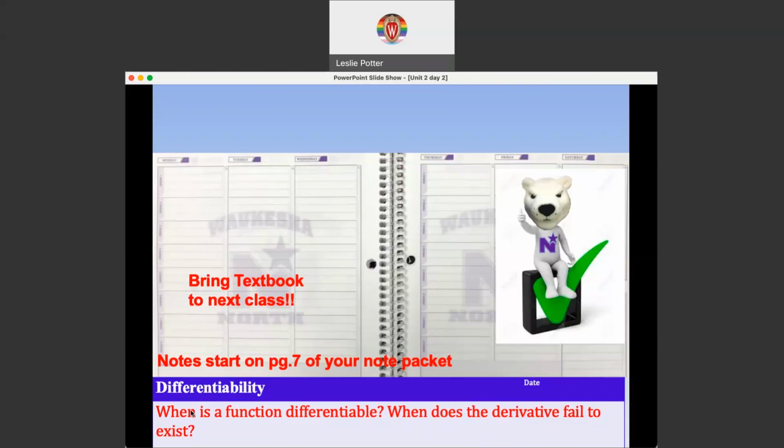So what we're trying to do now in this note session is figure out when a function is differentiable and when that process fails. When does the derivative fail to exist? It's either or. Either this function is differentiable or the function fails to be differentiable. That's what we're looking at.